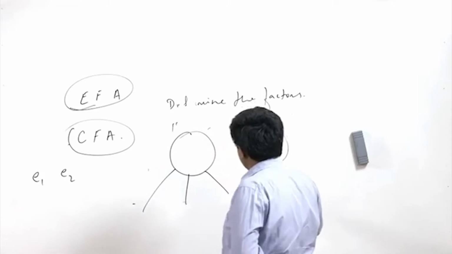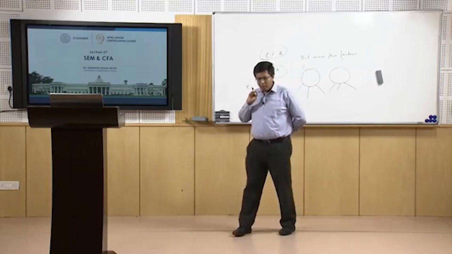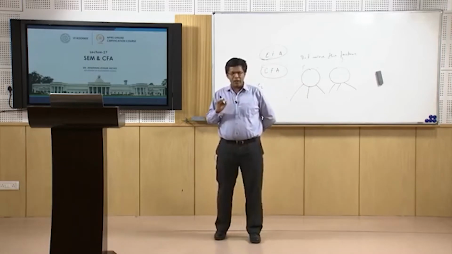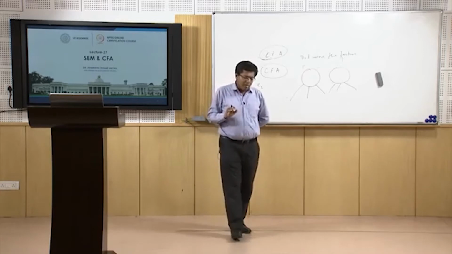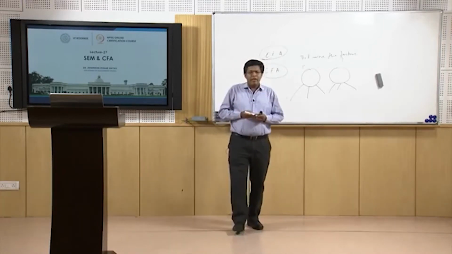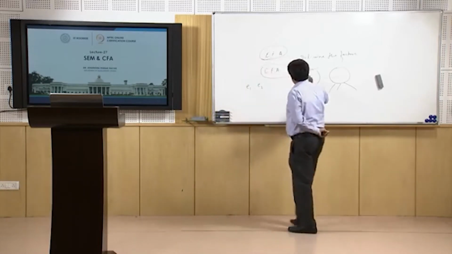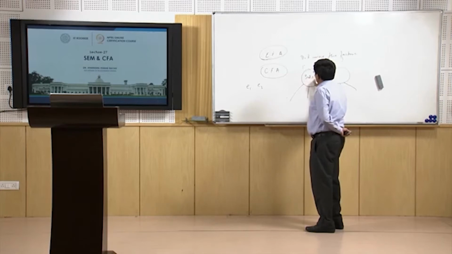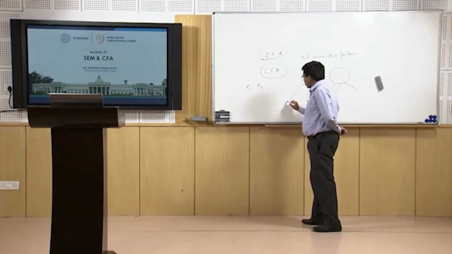I know that these variables are related to the construct due to a certain theoretical foundation. That means, from prior knowledge, I know that the variable is connected. For example, this is satisfaction.